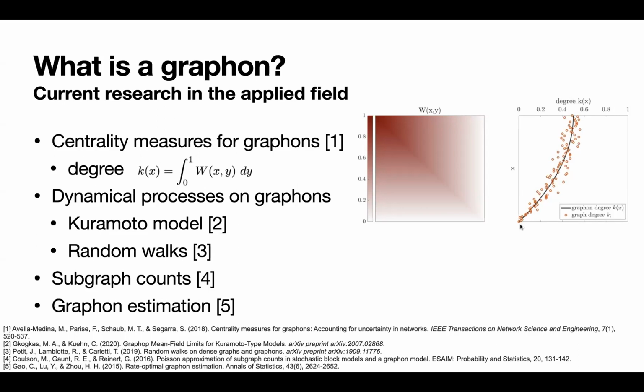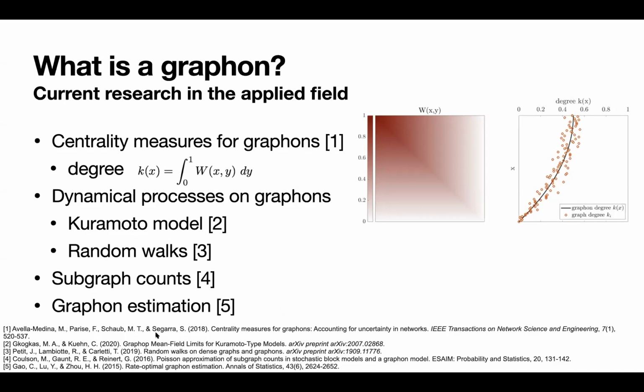solid line shows. There's further research going on, for example, about dynamical processes on graphons. The Kuramoto model has been generalized to graphons, and Renault worked on random walks and the Laplacian function for graphons. Gesine from the University of Oxford has also a paper on subgraph counts, and subgraph counts are important in the whole graphon paradigm because they're one way of showing convergence of graph sequences to graphons.